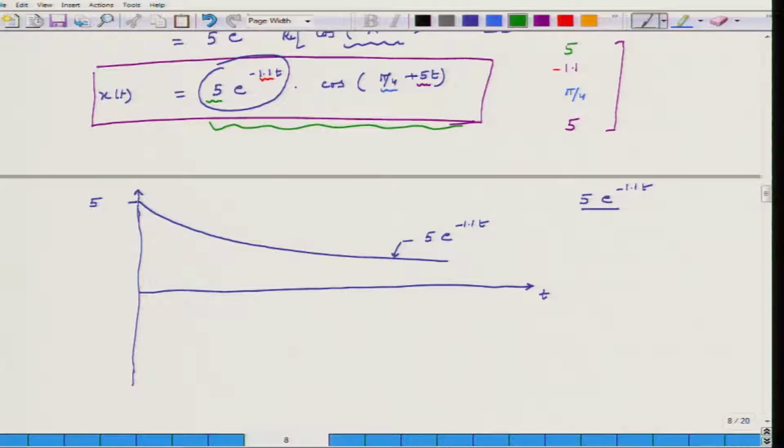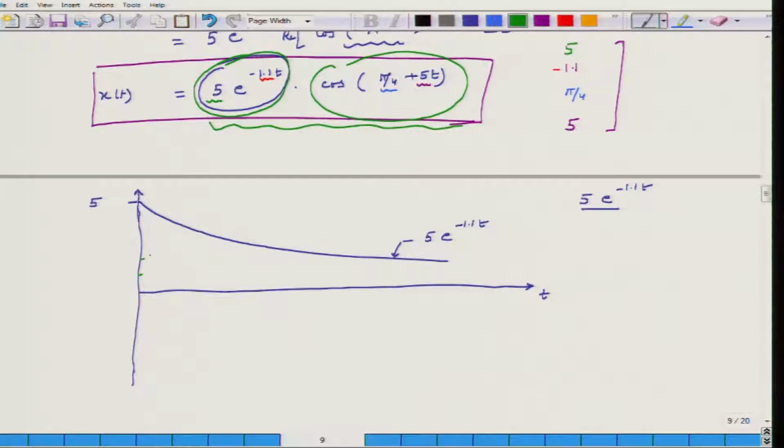So, at time t is equal to 0, this portion is going to be 5 and this portion is going to be cosine of pi over 4. And cosine of pi over 4 is 0.707, right, 1 over square root of 2. So, 5 times 0.707 is roughly 3.5.